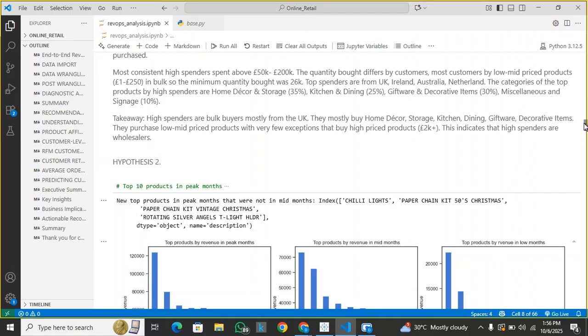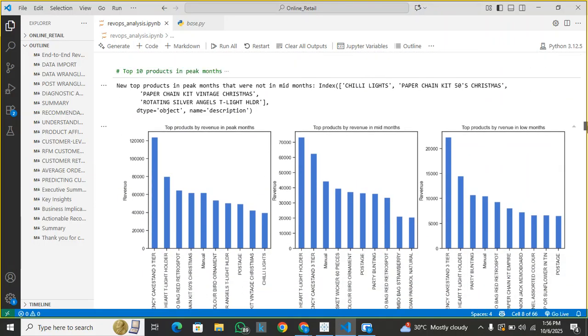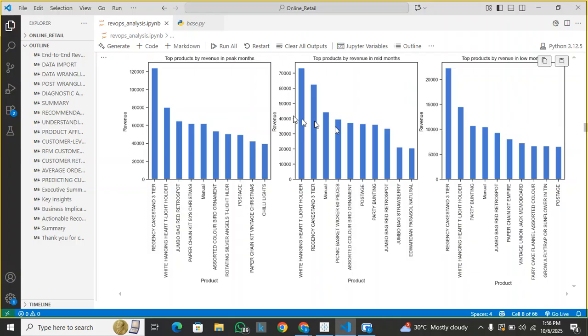These products came on board in the peak months, and they were some of the most bought products. If you check the top products in peak months, some of these new products are part of the high performing products.